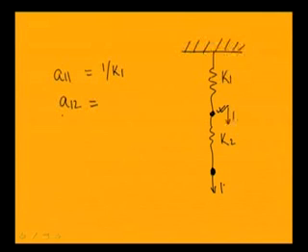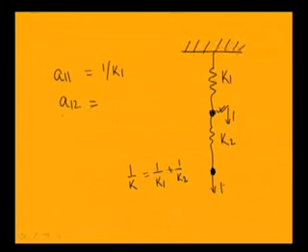As the two springs are in series, the equivalent stiffness is given by 1 by K equal to 1 by K1 plus 1 by K2. We have to find the displacement at this position, which is A22. So A22 equal to 1 by the equivalent stiffness of the system. A22 becomes 1 by K1 plus 1 by K2.